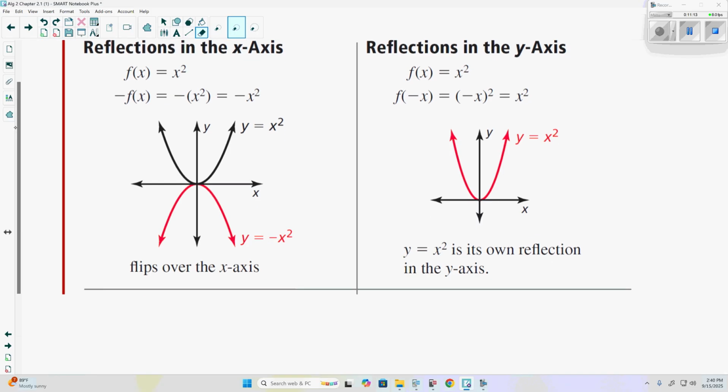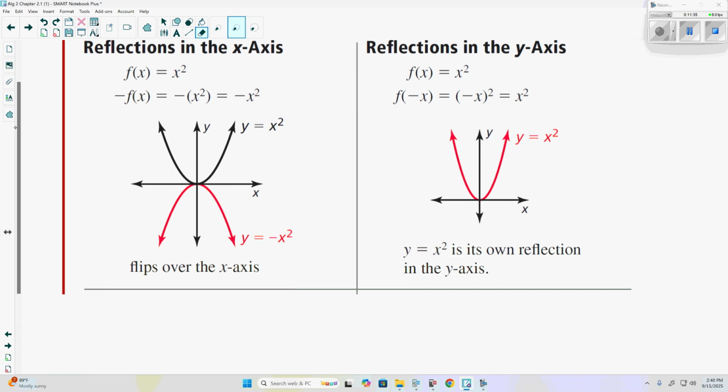Reflections in the x-axis, reflection in the y-axis. So if there's a negative in place of A, if A's value is negative, it's a reflection across the x-axis. Where I've been putting B, if there's a negative in front of the x, but after the parentheses, it's going to be a reflection across the y-axis.